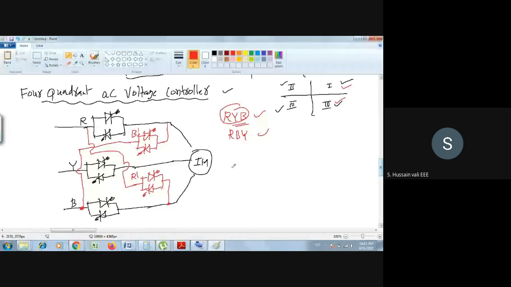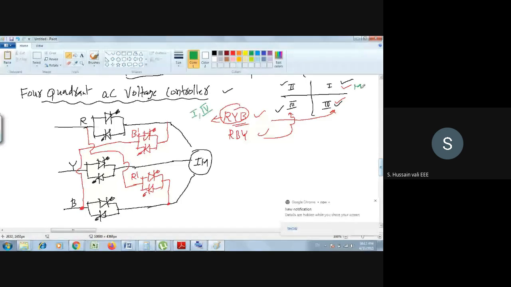Whereas if you operate with the other phase sequence, it will be the second and third quadrants. So this RYB phase sequence I will write here. In this case, it operates in the first and fourth quadrants, in the sense of both motoring and braking. This is motoring.